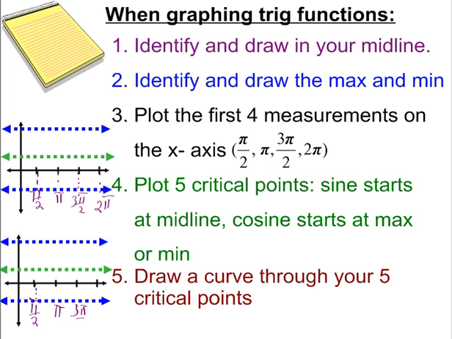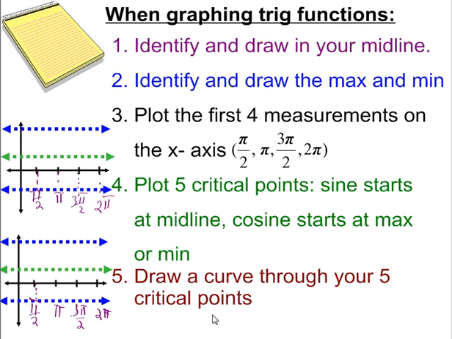Notice that each one goes up by 1/2. So pi over 2 is 1/2 pi. Then we have 2 over 2, which is just 1 pi, or just pi itself. 3 pi over 2 is really 1.5 pi, and then 2 pi is 4 over 2 pi.